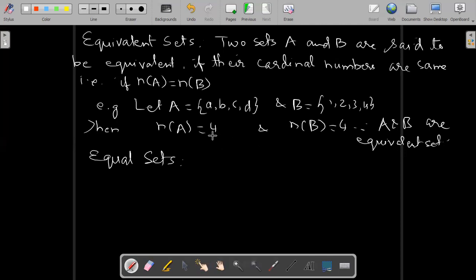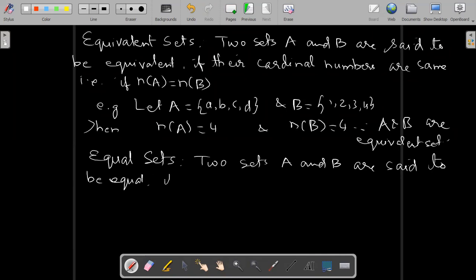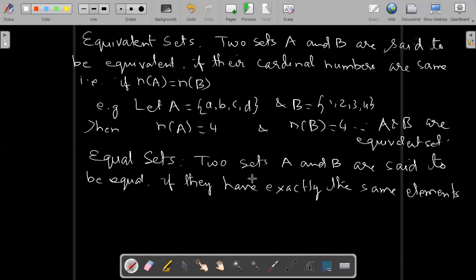It can be written in a different order, but the elements are exactly the same.